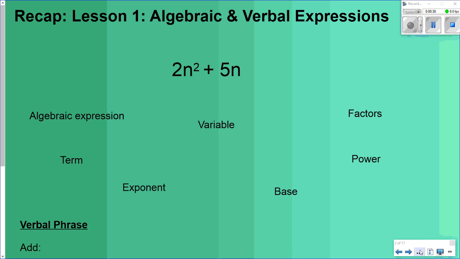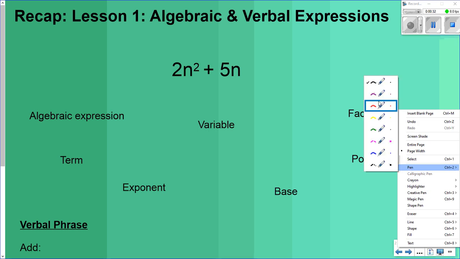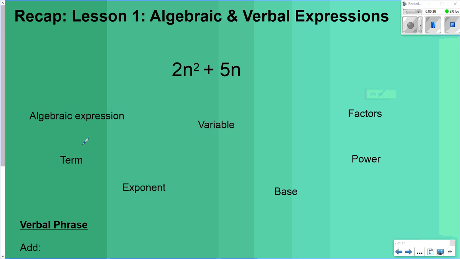So I'm going to take a pen and I'll use purple. Okay, so algebraic expression. As we can see, this is an algebraic expression. An algebraic expression is a combination of terms, like variables, numbers, powers, combined by using an operation, whether it's addition, subtraction, division, multiplication.